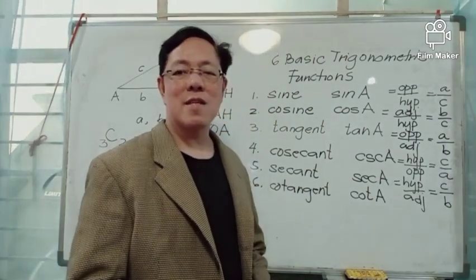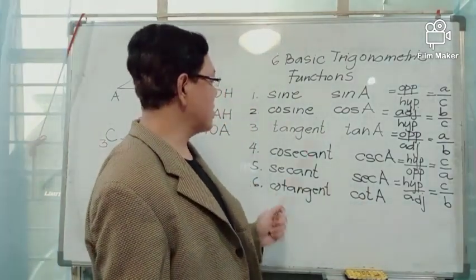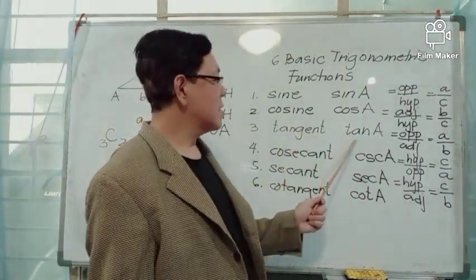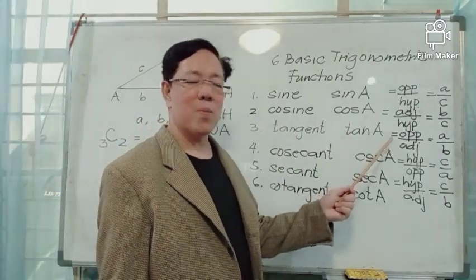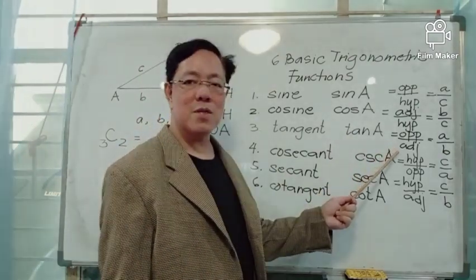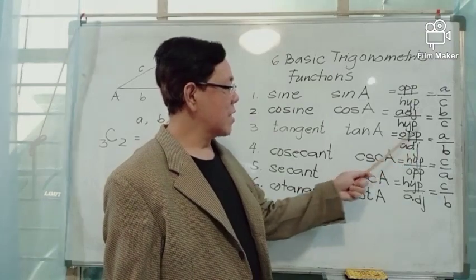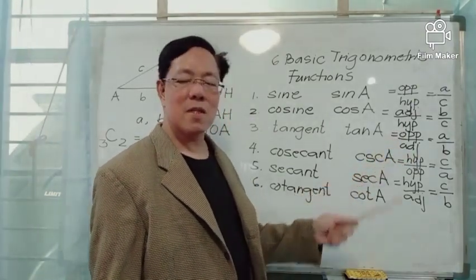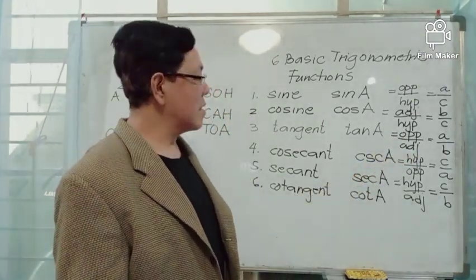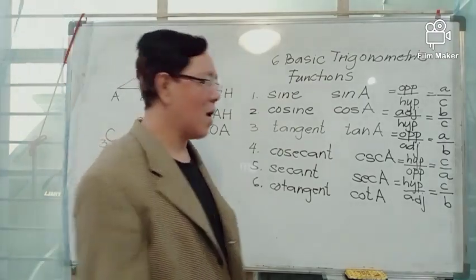And cotangent is the reciprocal of the tangent function, defined as the ratio of opposite to the adjacent. You get the reciprocal of opposite to the adjacent, and we get adjacent over opposite.